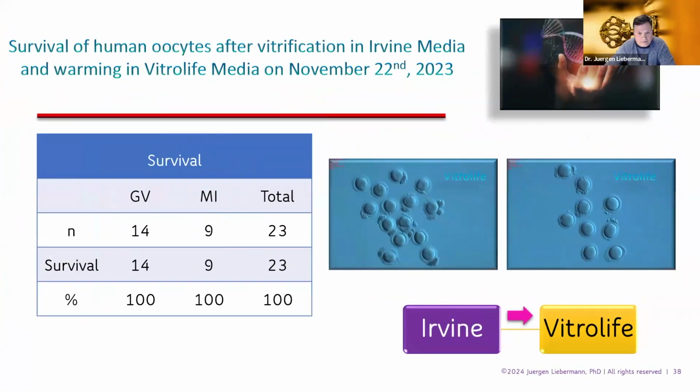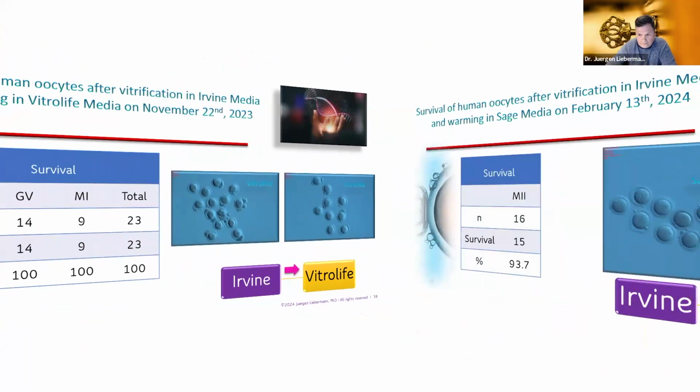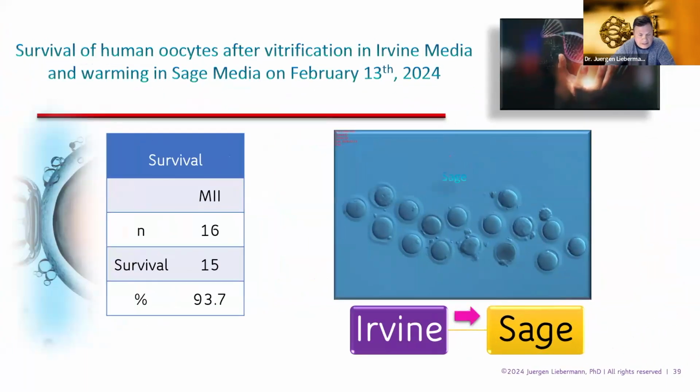For example, here I vitrified in Irvine and warmed in Vitrolife, and you see GV is 100%, metaphase 1, 100%. You see the pictures on the right after warming. Another combination was vitrifying in Irvine, and then thawing in Sage.